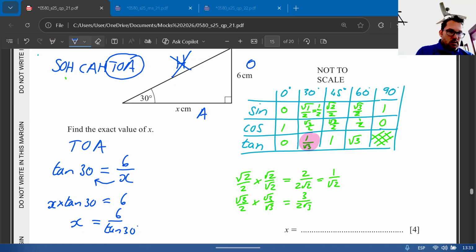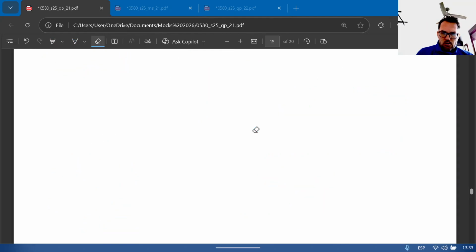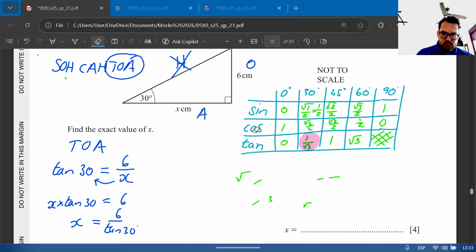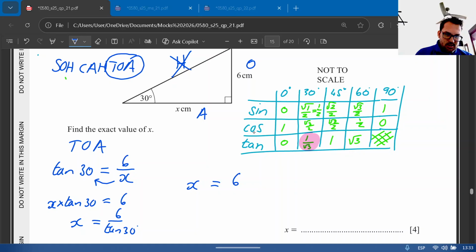So that means, let's just make some space here. If it doesn't crash. Right. So x will be 6 divided by 1 over root 3. We can put this one over 1, can't we?